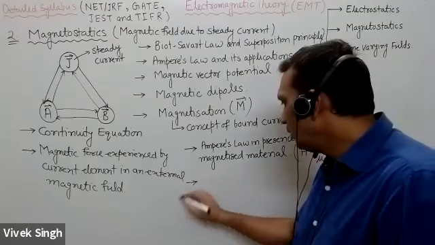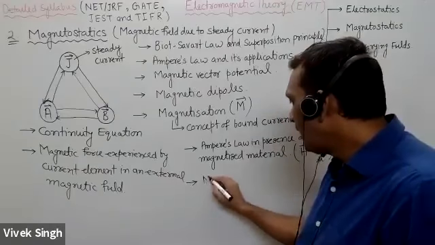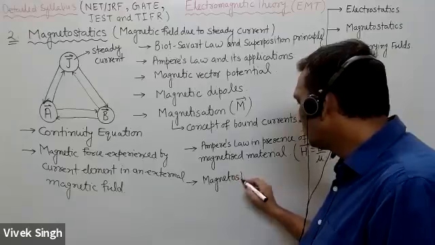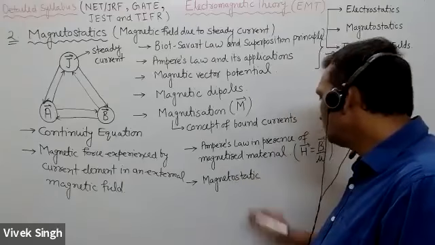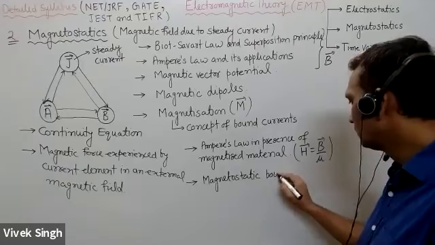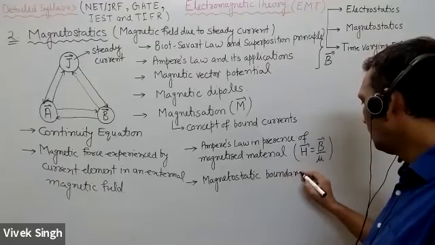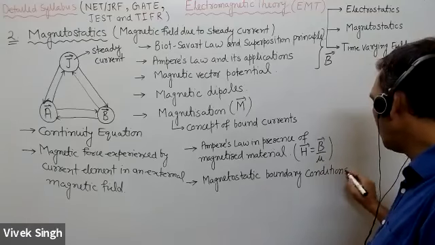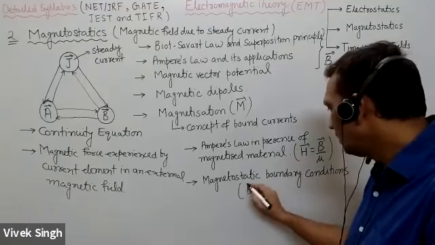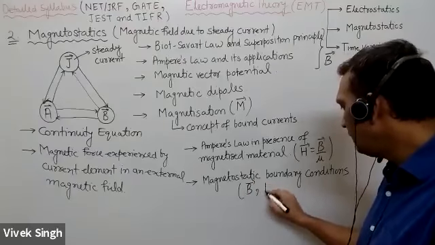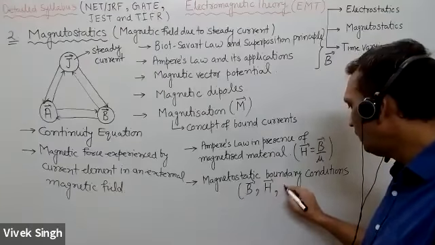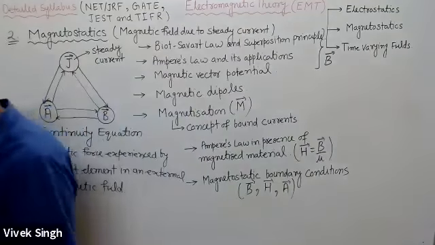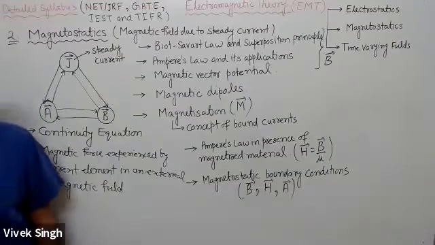And then we will see magnetostatic boundary conditions. This is in terms of B, H and vector potential A. So we have to focus on these topics in magnetostatics.